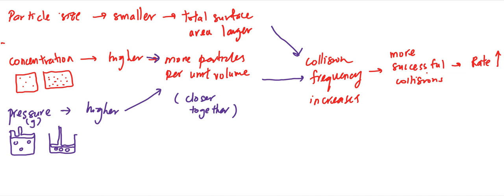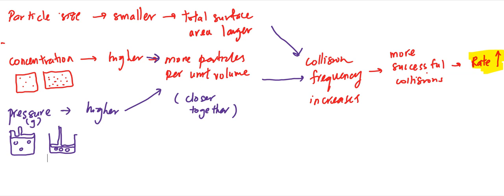When the concentration of the acid is higher, there are more particles per unit volume, the collision frequency increases, and there are more successful collisions. What happens when the pressure increases? When the pressure increases, there are more particles per unit volume, the collision frequency increases, more successful collisions, and the rate increases. So in the end, as long as all of this happens, the rate increases.